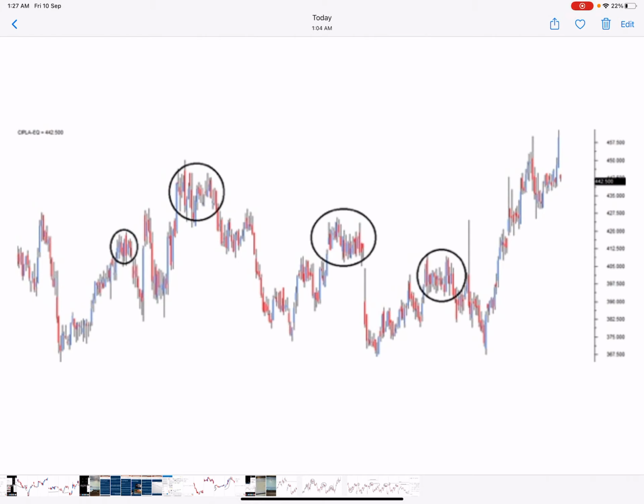You can look at this chart. I have encircled three price actions that are around the same price level.